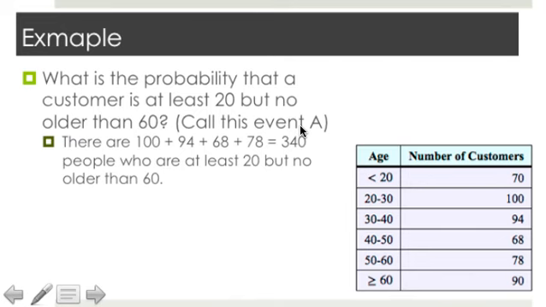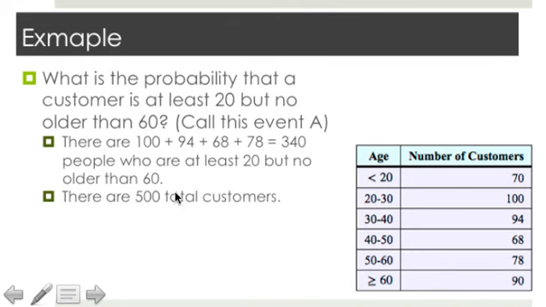There are a total of 100 plus 94 plus 68 plus 78, or 340 people who are at least 20, starting here, but no older than 60. So these four numbers right here are coming from 100, 94, 68, and 78. So right in here is all of the possible ways that this particular event, being between 20 and 60, could happen.